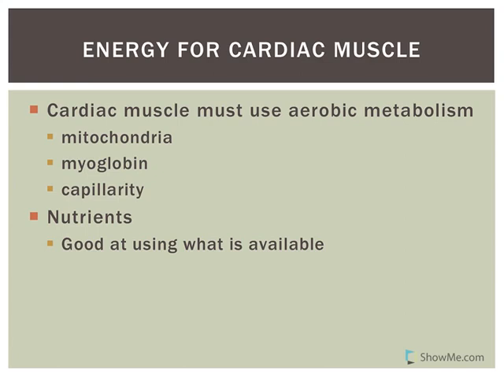For all this stuff to take place, it requires energy. You need ATP for the sodium-potassium pump. You need ATP for the calcium pump. You need ATP for muscle contraction. So you need energy. Cardiac muscle must use aerobic metabolism. It needs oxygen. It does not like to work anaerobically, and so it's been adapted to be very aerobic.